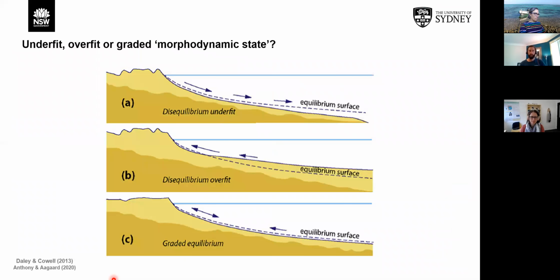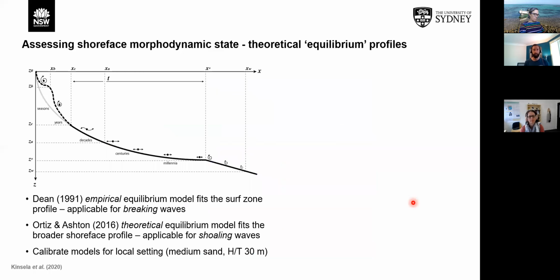So returning to our model of morphodynamic state of the shore face, we're going to now look at a real site, in one of those compartments, and we're going to compare the surveyed profile data from high resolution mapping with some equilibrium surfaces. An important finding that we had in this process, and this was just published earlier in the year, some of that mapping data for the Illawarra South compartment and the shore face analysis.